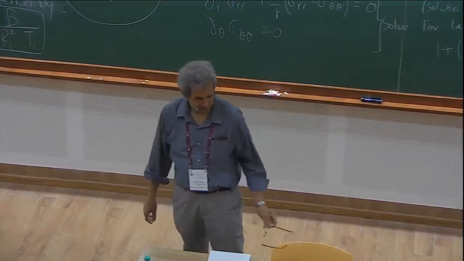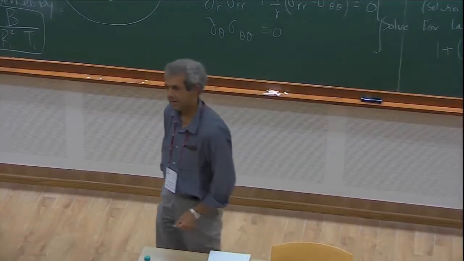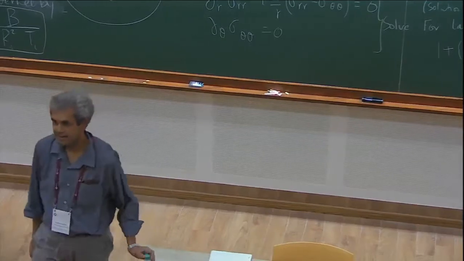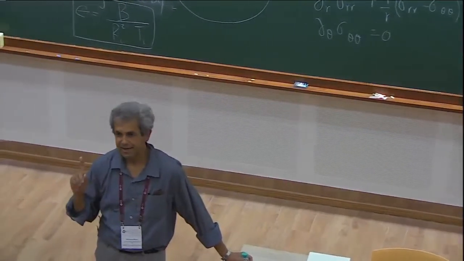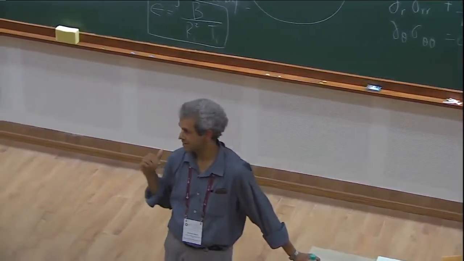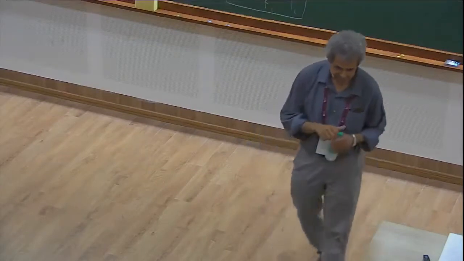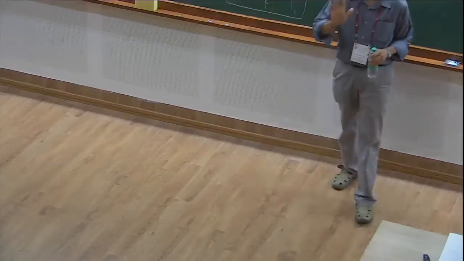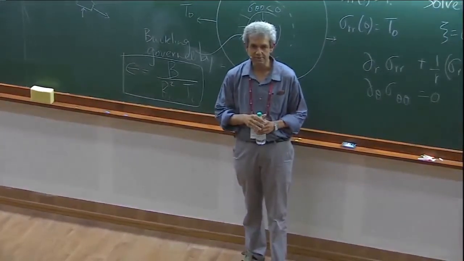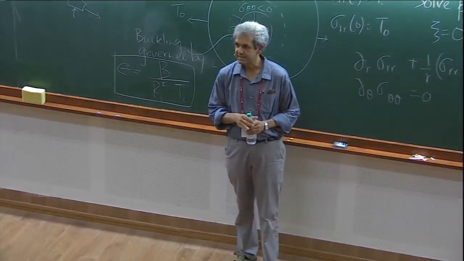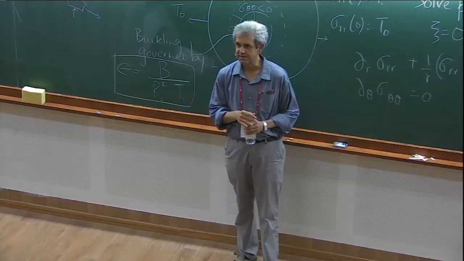To think to the resolution of the puzzle, I want you to think back again to the 1D case we did. So what else did we do in the 1D case before we started doing things nicely? Before we did stretching, what did we do in the 1D case? Before we started writing these equations, the simplest thing we did in the 1D case.